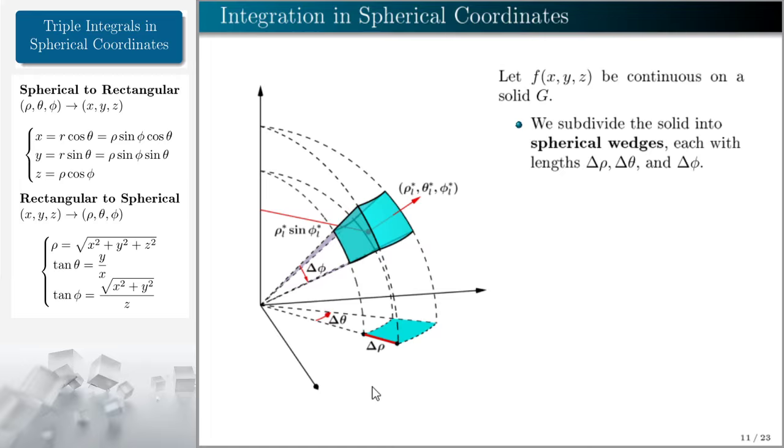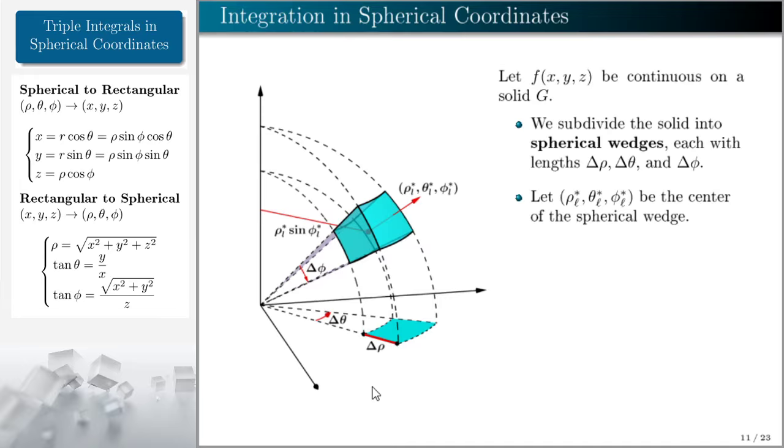Doesn't change the fact that if I want to find out the mass of this spherical wedge, I need to be able to get the volume, since mass is equal to density times volume. To do that, I will first let rho sub L star, theta sub L star, and phi sub L star be the center of the spherical wedge.